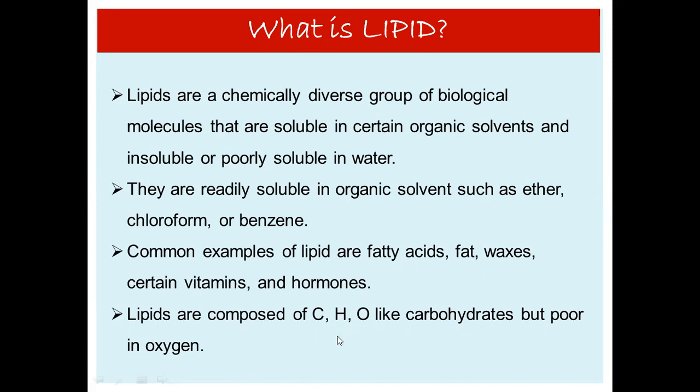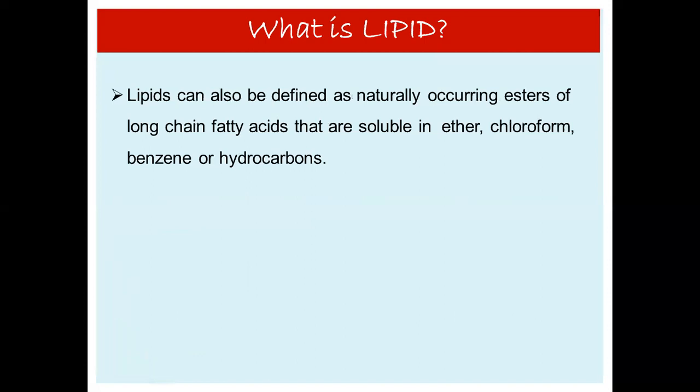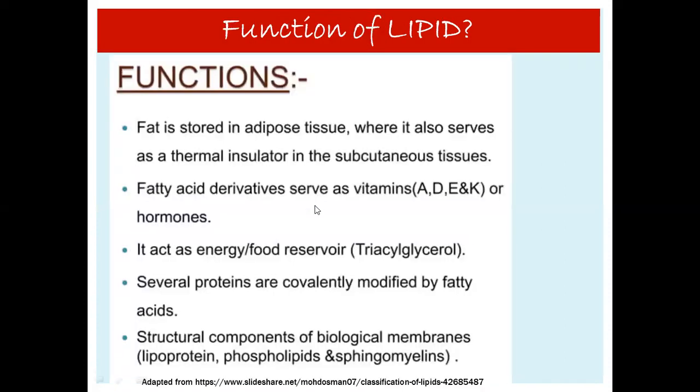That's why lipid molecules require more oxygen for oxidation to release energy. So lipids can also be defined as naturally occurring esters of long-chain fatty acids that are soluble in ether, chloroform, benzene, or hydrocarbons.